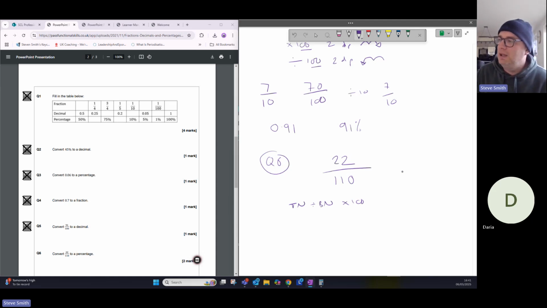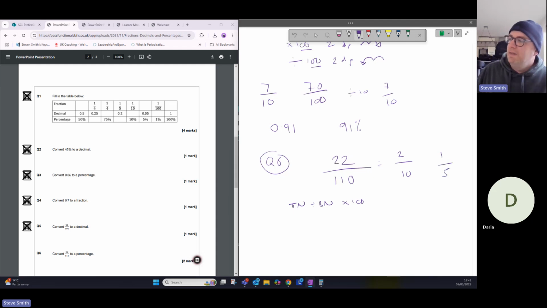But if we look at that number here, I can see that that divides by 11. Okay, so that's 2. And that also divides by 11. And then now that divides by 2 and that divides by 2.